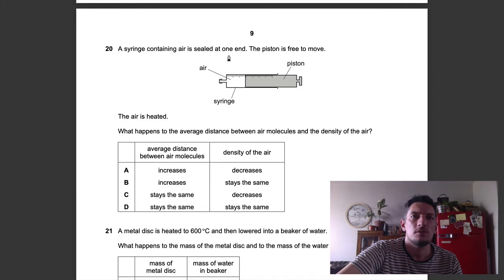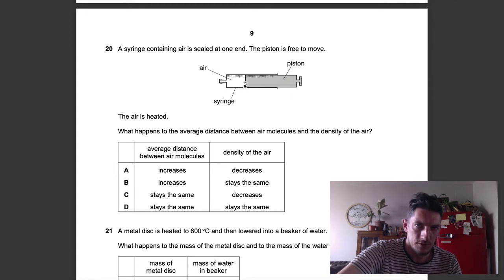A syringe containing air is sealed at one end. The piston is free to move. Now the air gets heated. What do you think is going to happen? If this piston wasn't free to move, these air particles are going to get more excited, but with nowhere to go, all they can do is bang on the sides of the wall, and that's going to increase the pressure.